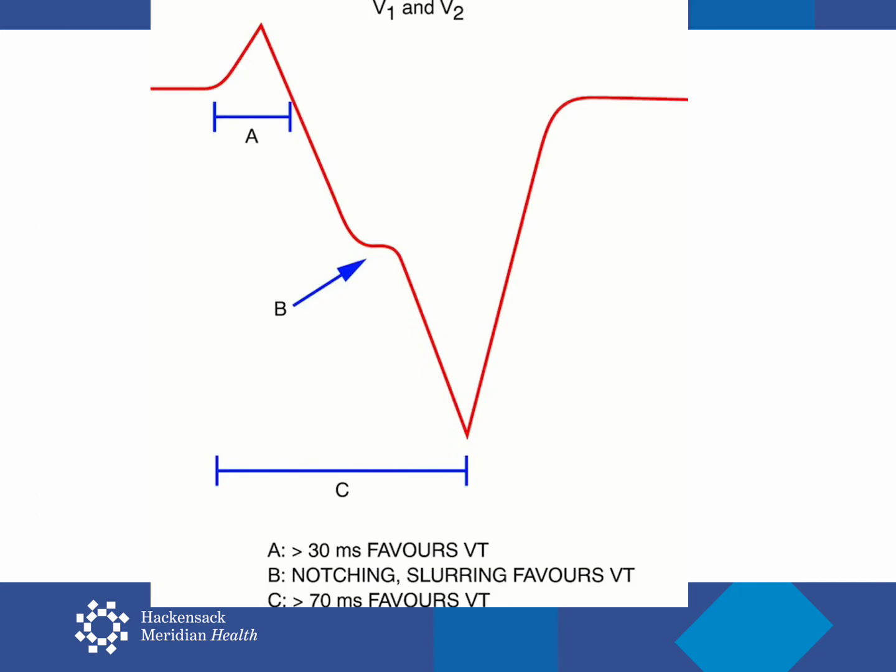Notching in the T wave on the ST segment can also favor VT. It's actually known as Josephson's sign. It's a little notch that you see in the descending T wave.